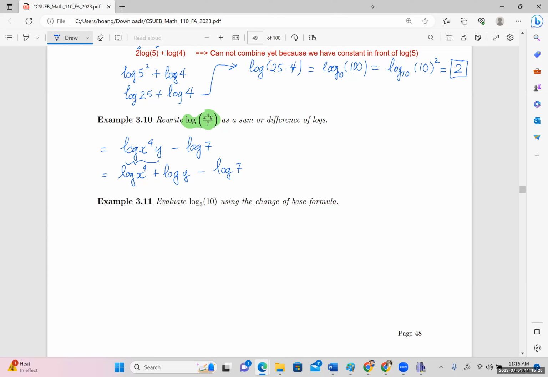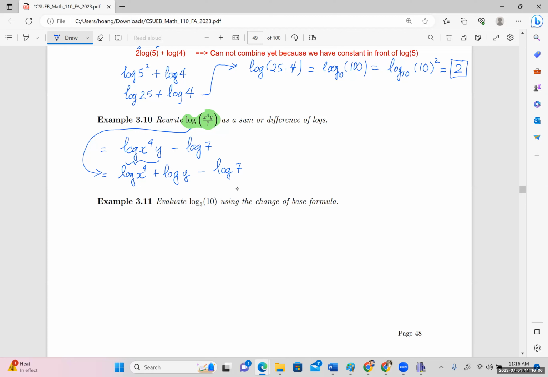And then you see, if you were strong with splitting things, you can actually come to this step right away, because you can split all the arguments on the top as a product, changing to addition. And for the one at the bottom there will be a negative. So always make sure that it will be a negative for a term at the bottom, right? So negative log 7.